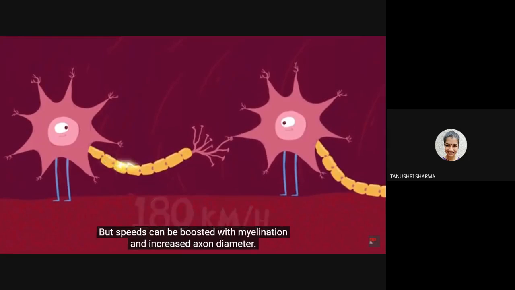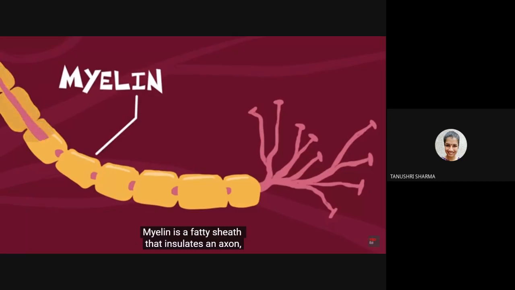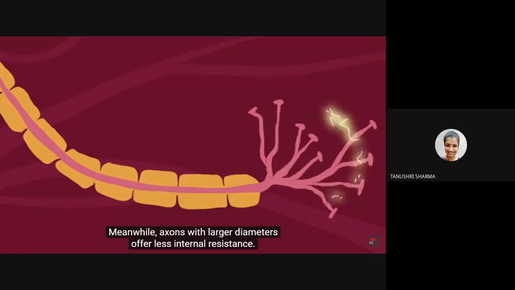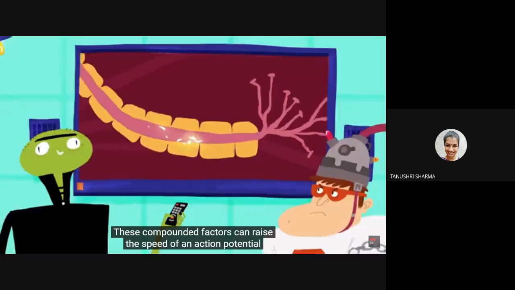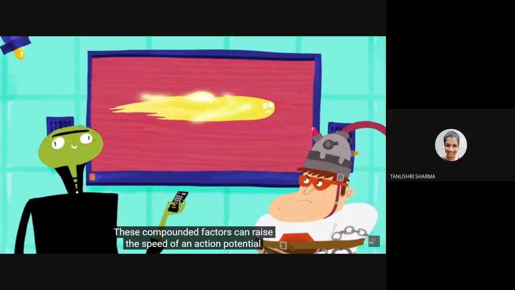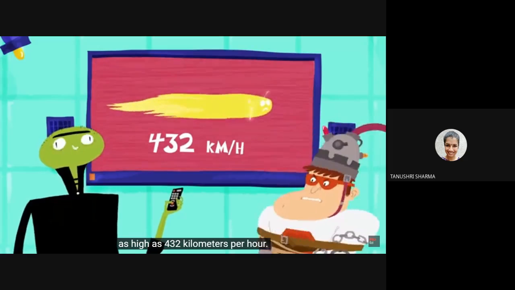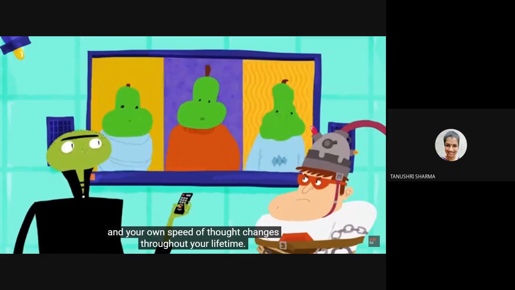But speeds can be boosted with myelination and increased axon diameter. Myelin is a fatty sheath that insulates an axon, preventing electrical currents from leaking out. Meanwhile, axons with larger diameters offer less internal resistance. These compounded factors can raise the speed of an action potential as high as 432 kilometers per hour. There's plenty of variation. Some people think faster than others, and your own speed of thought changes throughout your lifetime.